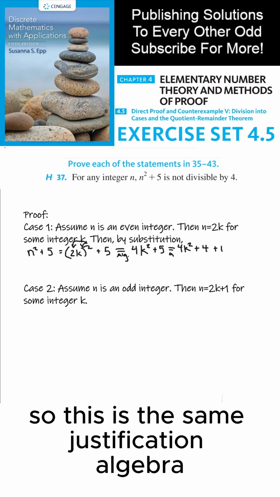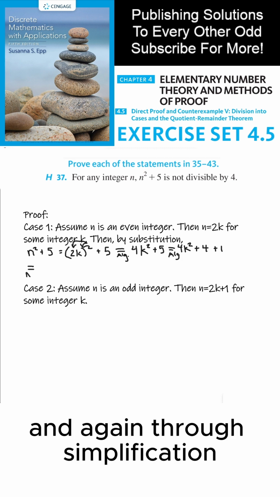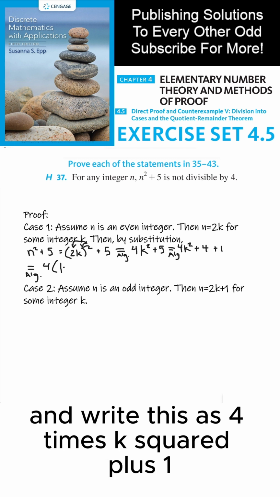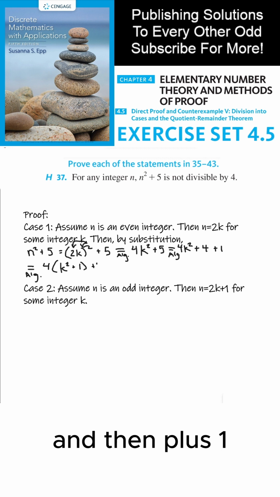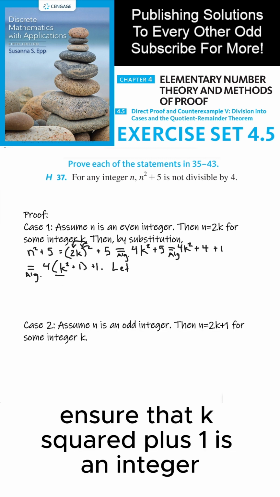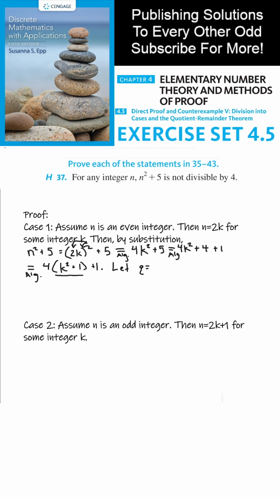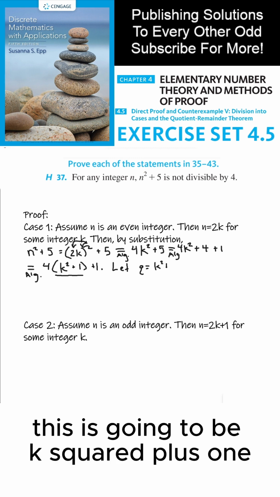So this is the same justification, algebra. And again, through simplification, we could factor out a 4 and write this as 4 times k squared plus 1, and then plus 1. So next, we need to ensure that k squared plus 1 is an integer. So we're going to let q, which stands for quotient, be k squared plus 1.